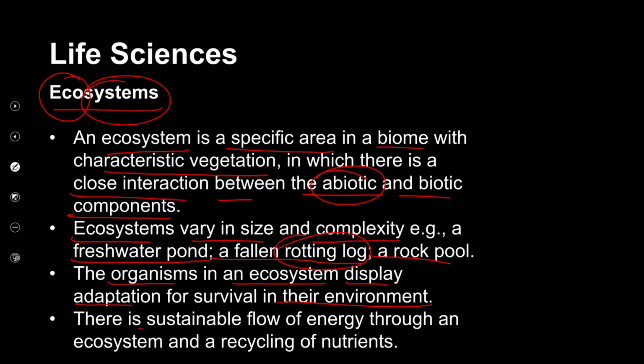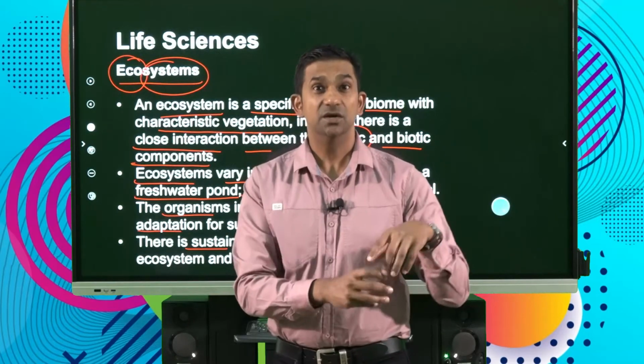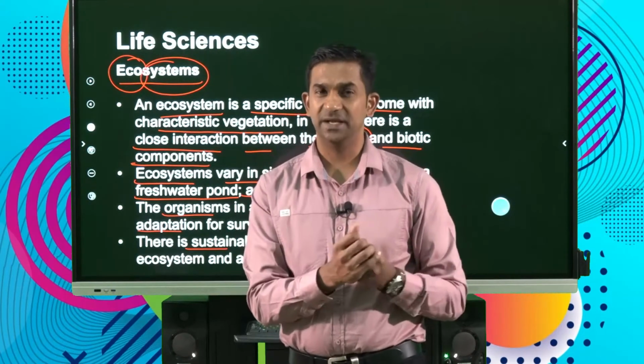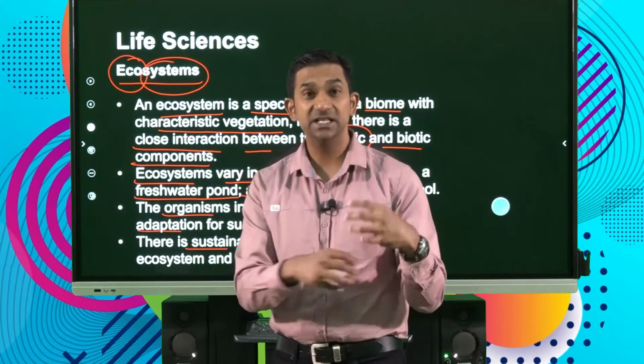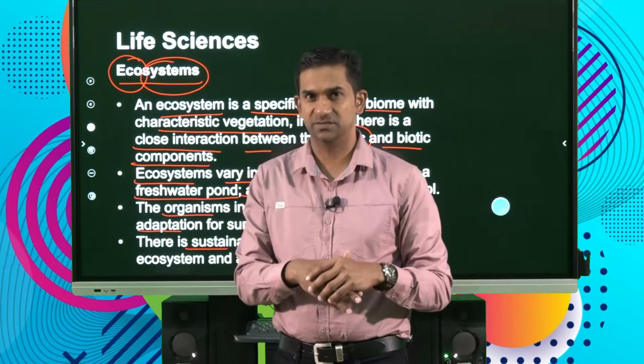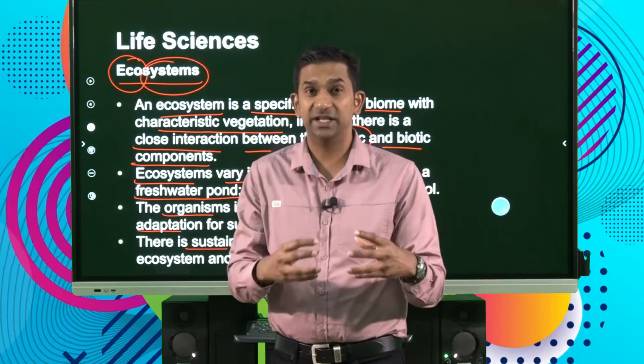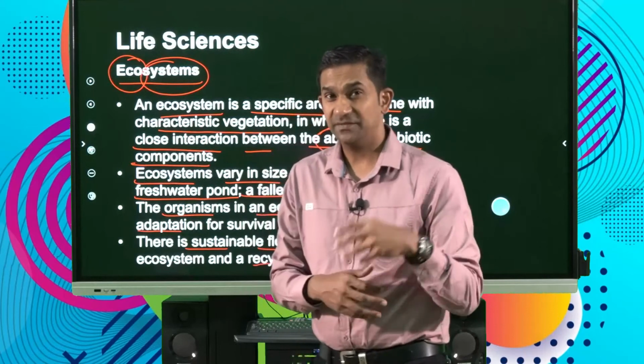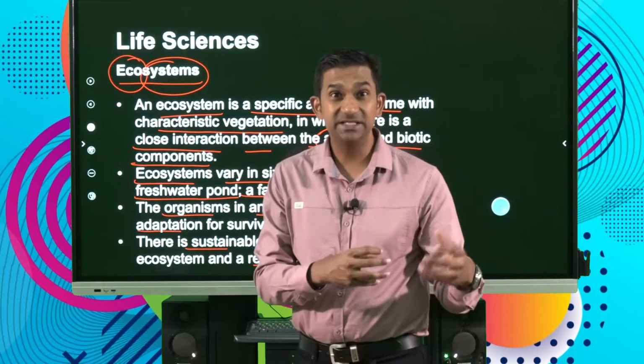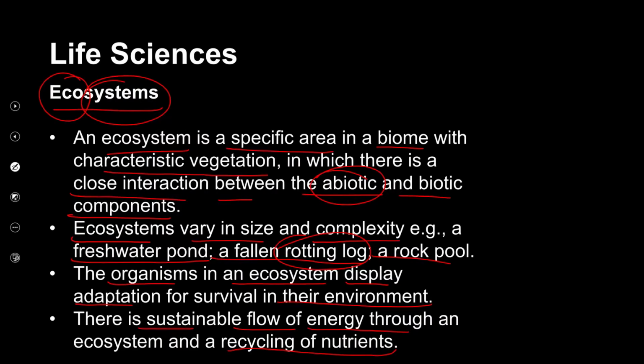There's a sustainable flow of energy through an ecosystem and the recycling of nutrients. So we need to understand that each of your ecosystems produces and recycles energy from that environment. And collectively, there's an interconnectedness between ecosystems, and we see that there's a flow of energy between ecosystems. That is what we refer to as the complexities of ecosystems.